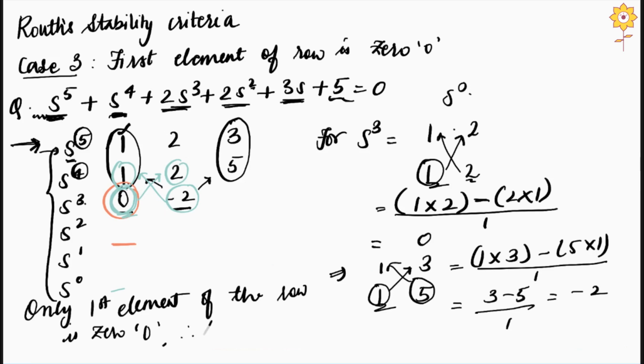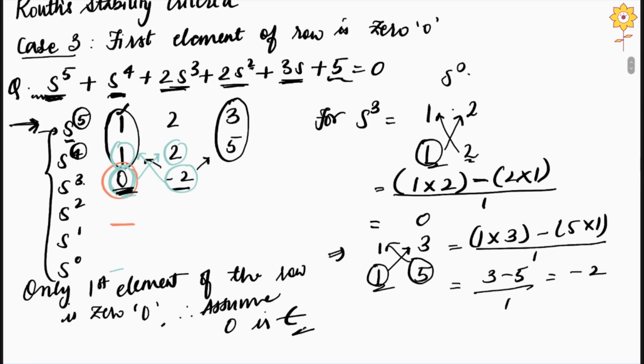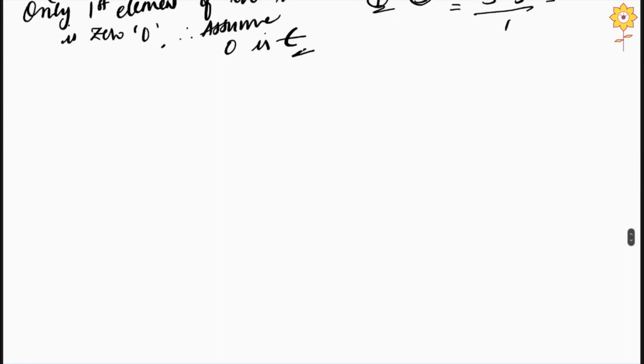Therefore, we assume that 0 is epsilon. So, we will write the array again, we will replace that 0 with an epsilon and then we will proceed at solving and finding the remaining values in the Routh's array. So, let us write it down again. Okay. So, we will write quickly.